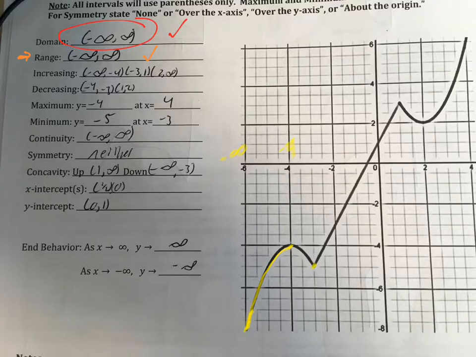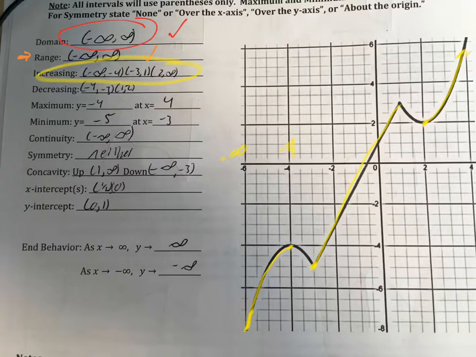And then again from that point to there, it's increasing left to right, because as I go from left to right, the y values get bigger. You follow? Yeah. And from here to the right, it's increasing. So all of those values would be where it's increasing. Let's see if you did that right. Yep, that looks right.